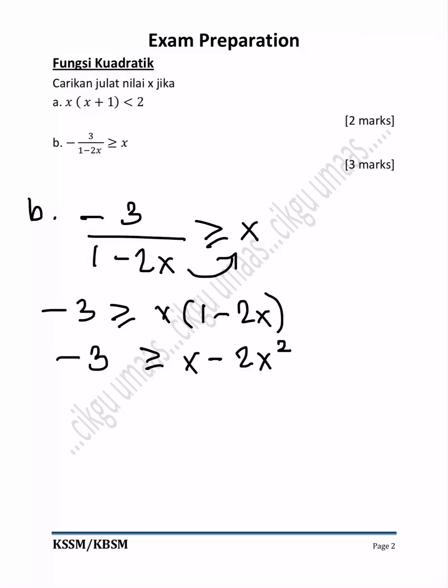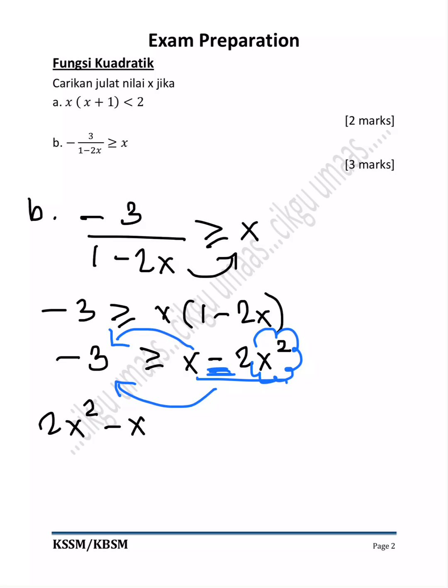As I told you, remember the formula only berfungsi apabila the quadratic is positive. If you check very clearly, it is not positive, it is negative. So what are we going to do? We're going to move everything to the left. So this is going to be 2x squared minus x minus 3 more than or equal to 0.